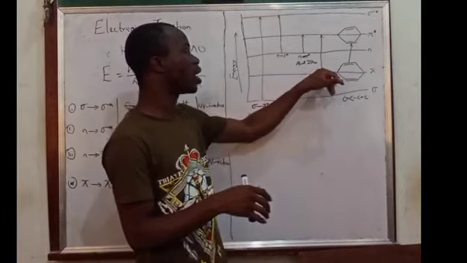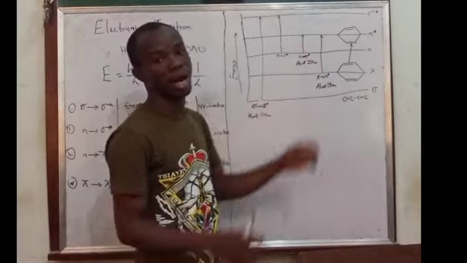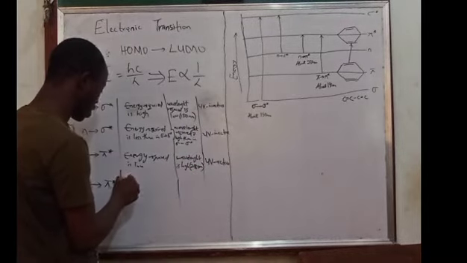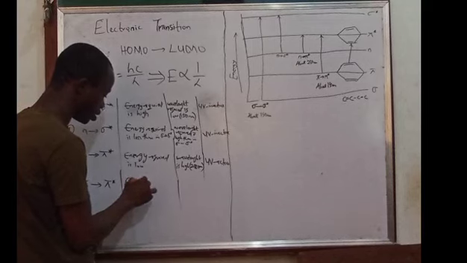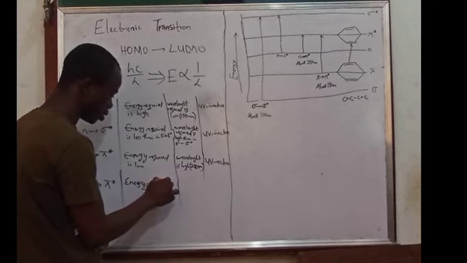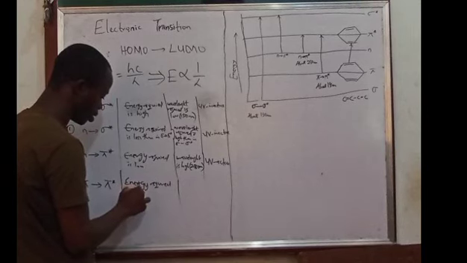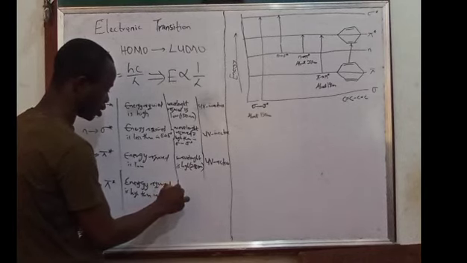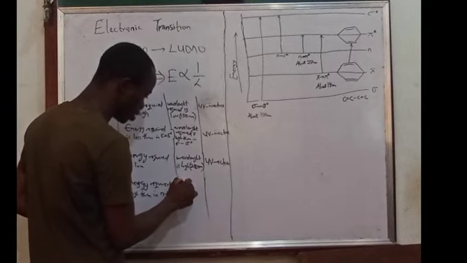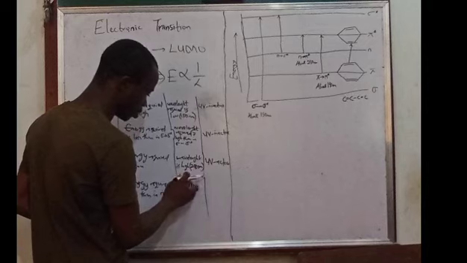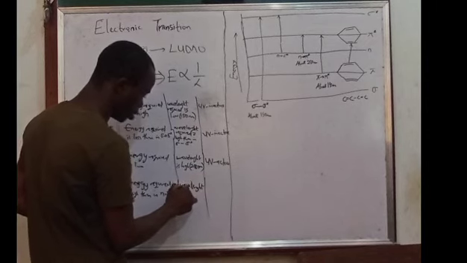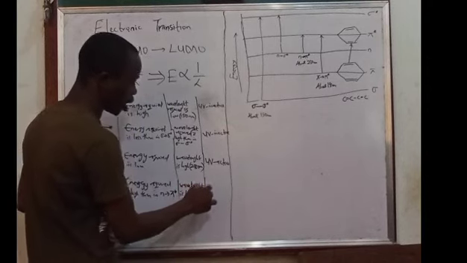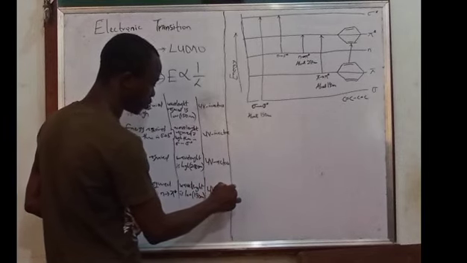We can see that the energy required in this case is much higher than the one we have in N to pi antibonding, which means that the wavelength is low, about 190 nanometer, and that means it is UV inactive.